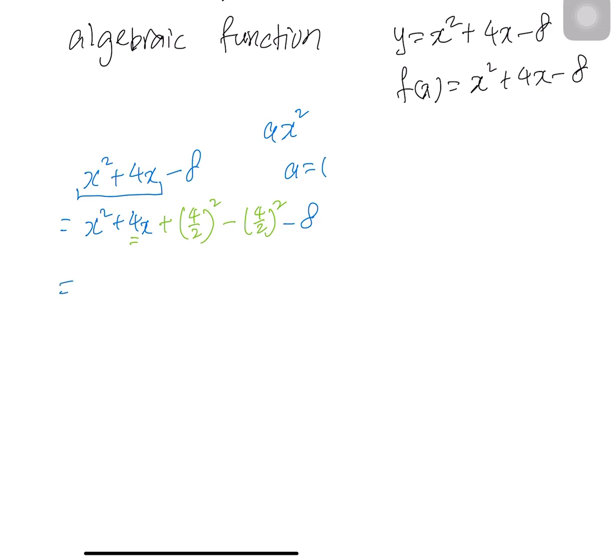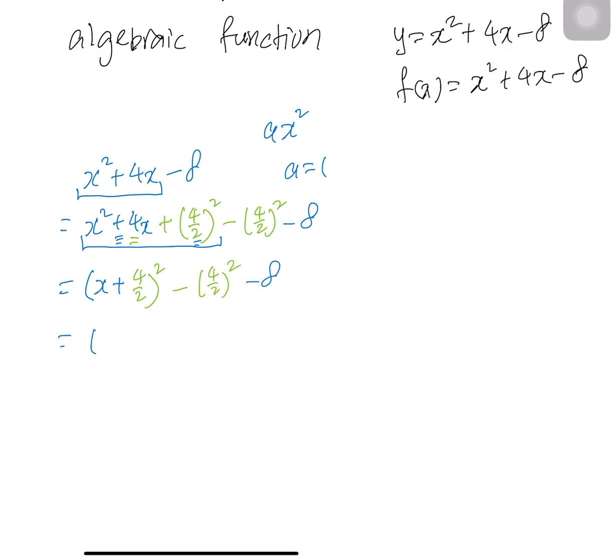Now we are trying to factorize it. It's very simple: x squared, so I have an x, this is a plus, so plus 4 over 2, squared, and the rest I just copy exactly the same.